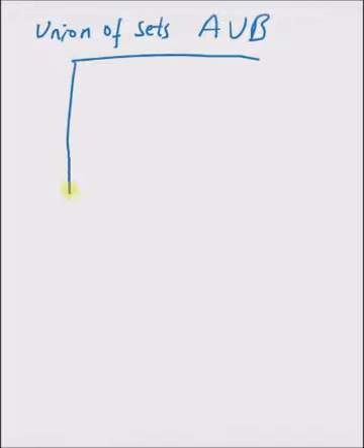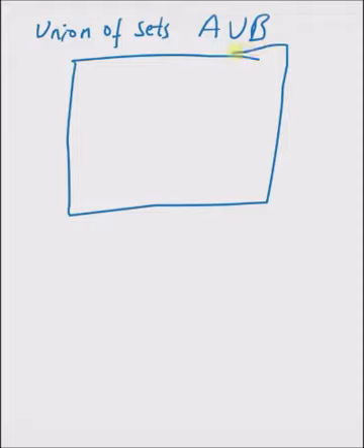The next operation is union of sets, which is usually represented as A union B. The symbol, which looks like a U, represents the union. Using a Venn diagram, that is the graphical representation of sets, we can illustrate the idea of union as follows.